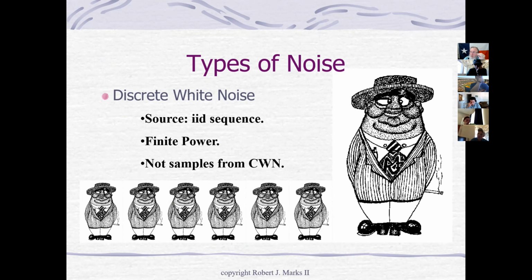You can have Laplace white noise, you can have Cauchy white noise, you can have all sorts of white noise. The whiteness is a function of the autocorrelation, right? And that autocorrelation can occur if your underlying stochastic process is Gaussian, Laplace, or some other sort of random variable.